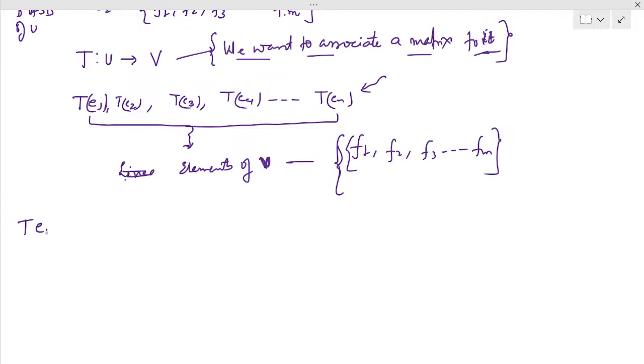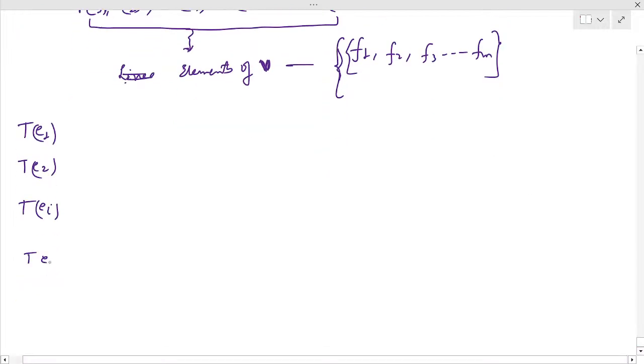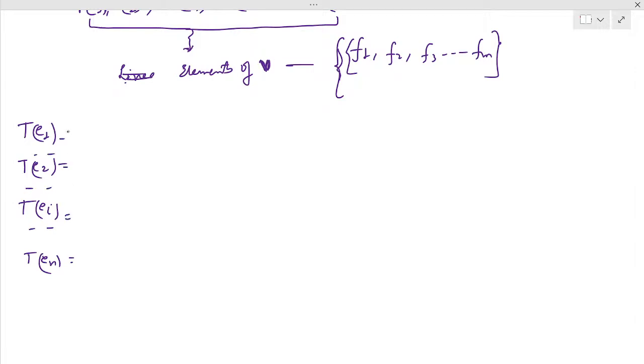It implies that Te1, Te2, ..., Ten can each be written in terms of F1, F2, F3, ..., Fm. I hope it is clear. If it's not clear, please let me know.